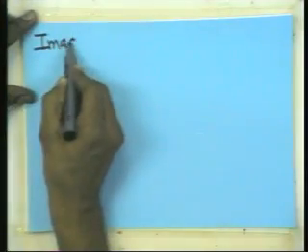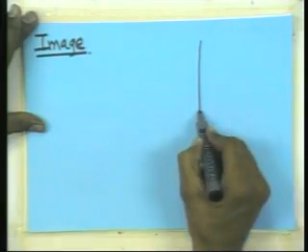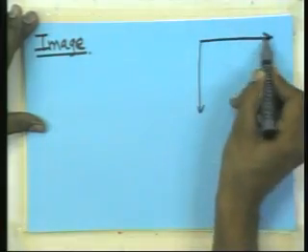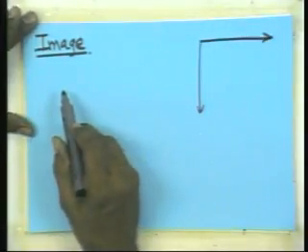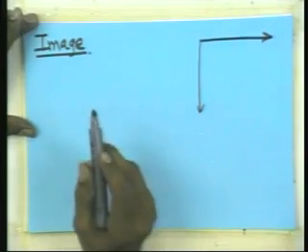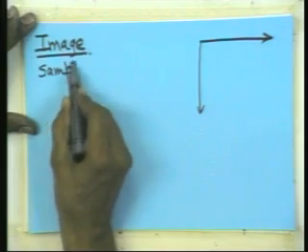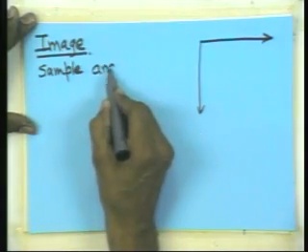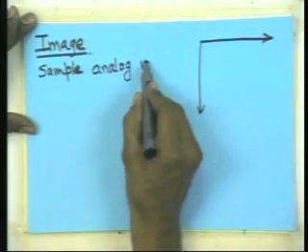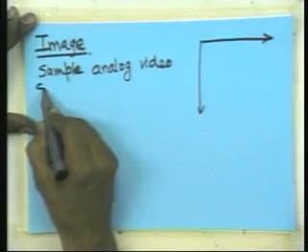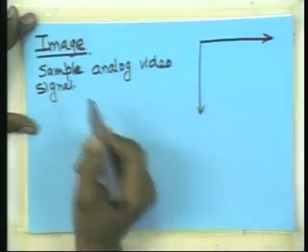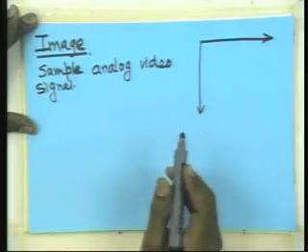Okay, let's move on now and see what the image then is. Essentially now, from the composite analog signal, which is the video signal, you are going to sample it at some rate using the frame grabber card.